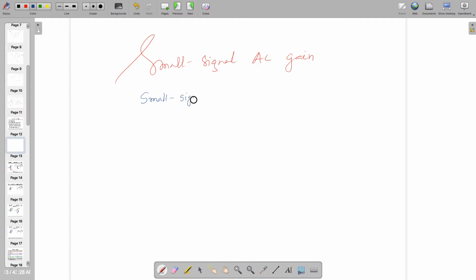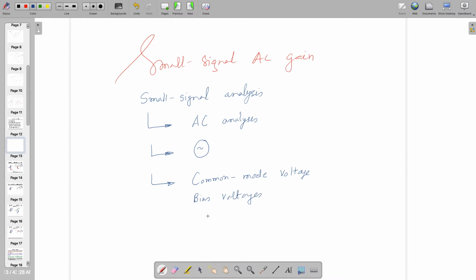When we are doing the small signal analysis, we have to understand that it's an AC analysis, meaning it's in the presence of only sine wave kind of thing, and all common mode voltages or bias voltages or all DC voltages will go to 0, right?